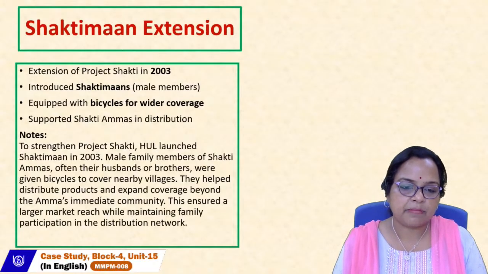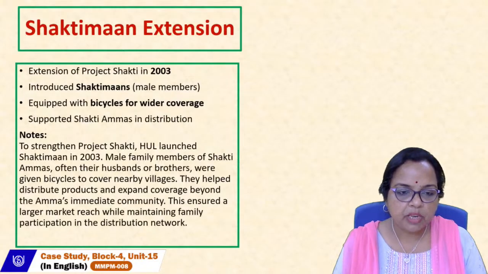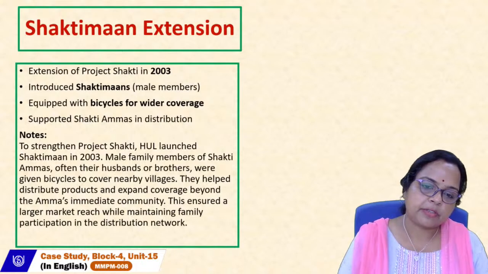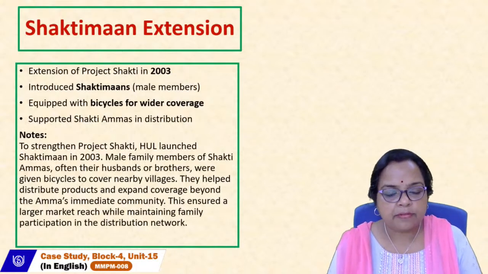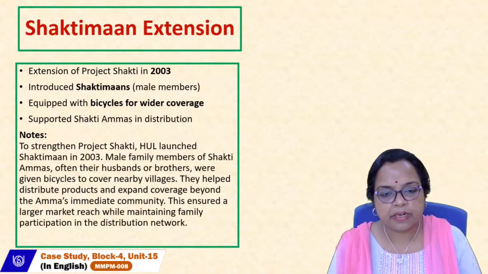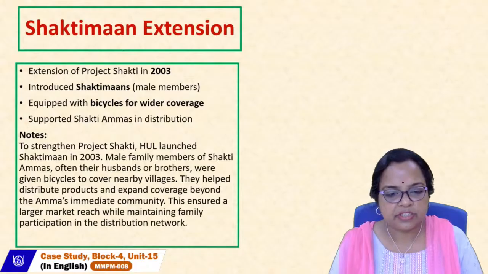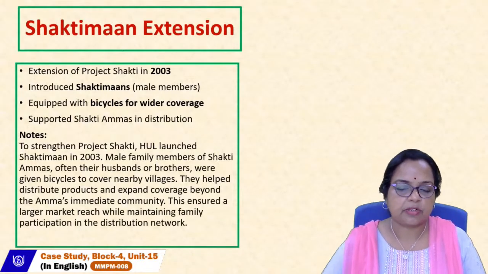The company provided them bicycles, and they started selling the product to village buyers. They helped to distribute the products and expand coverage beyond the Amma's immediate community. This ensured a larger market reach while maintaining family participation in the distribution network.